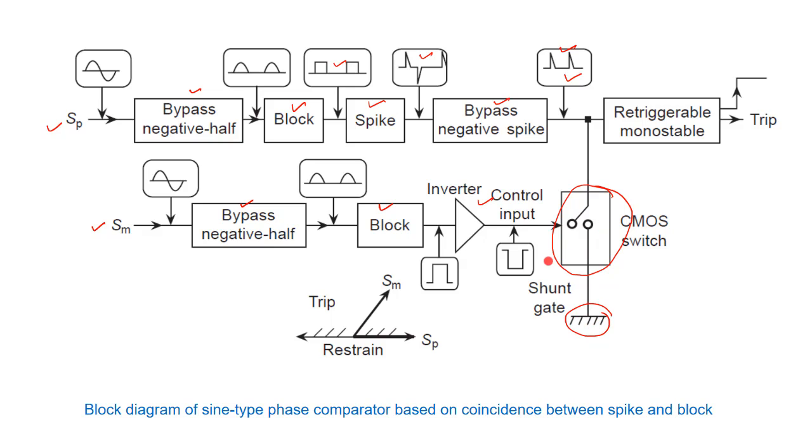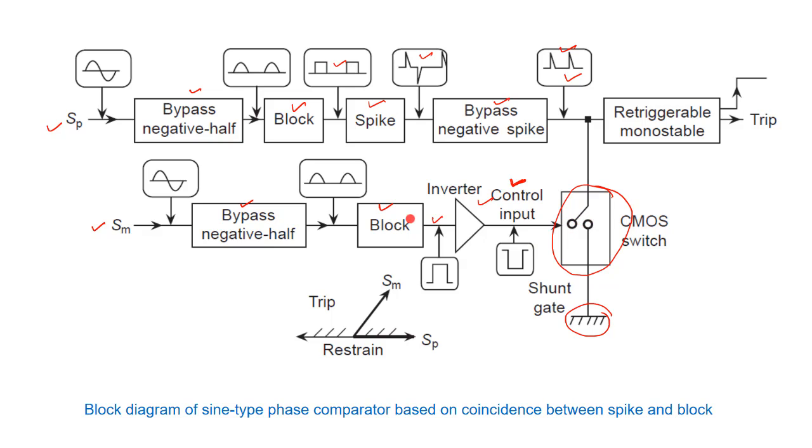So how is it possible? Because in the lagging condition, your control input is the inversion of the Sm block.